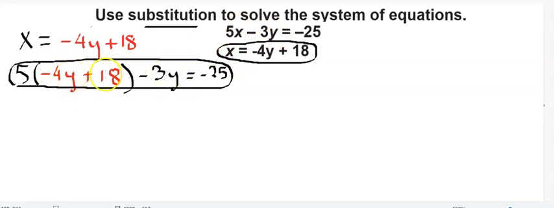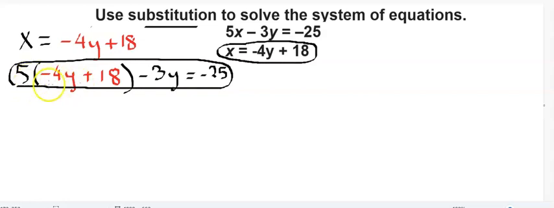So we're going to solve for y: 5 times negative 4y plus 18 minus 3y equal negative 25. This is a multiple step equation, which is what we've been working on in chapter 4 and moving on to chapter 5.